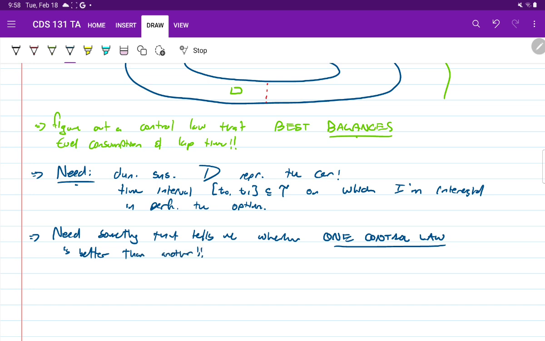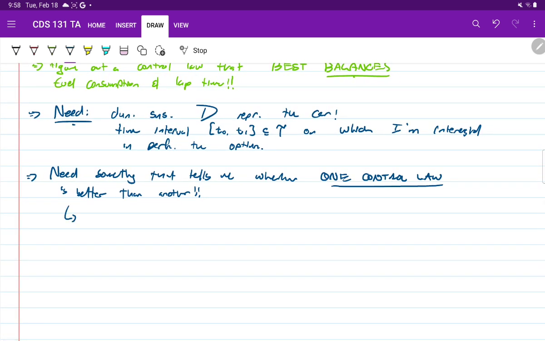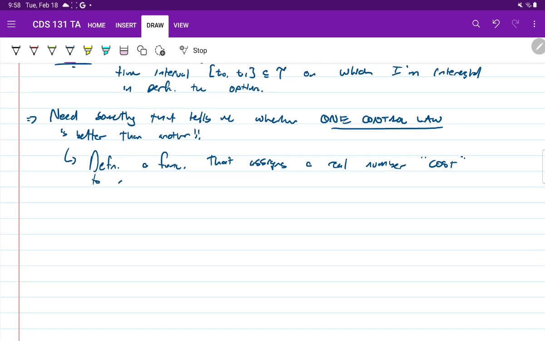Okay? So here's the basic idea. What I'll do is define some function that assigns a real number, called a cost, to each input signal and trajectory on the interval t0, t1.